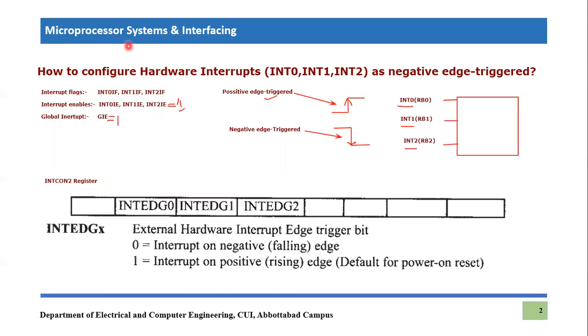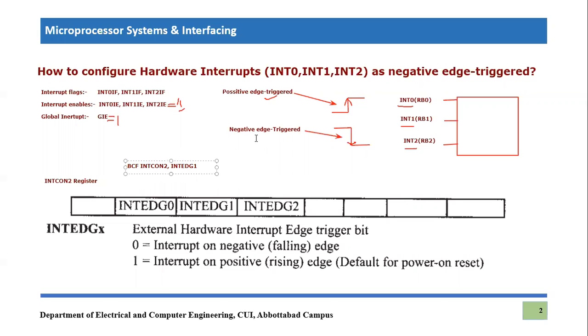You know that this is just a bit, so how can you make it 0? BCF INTCON2, which is the register name, and the bit name is INTEDG1. INTEDG1 is associated with interrupt 1. In this way, interrupt 1 becomes negative edge triggered.